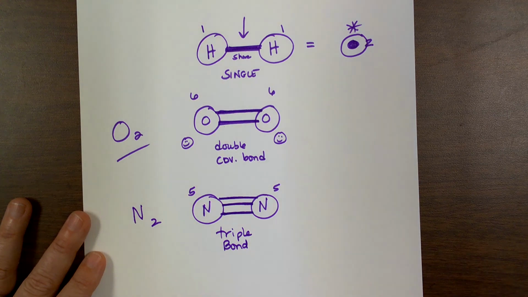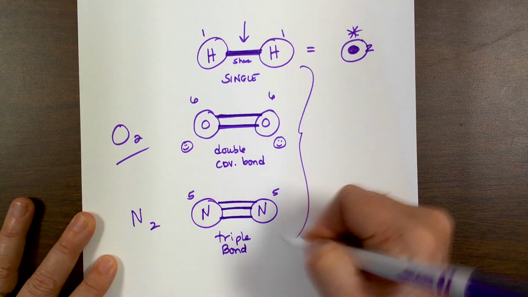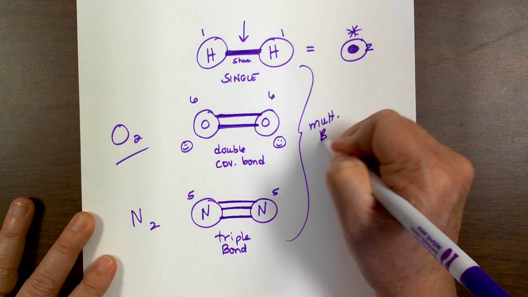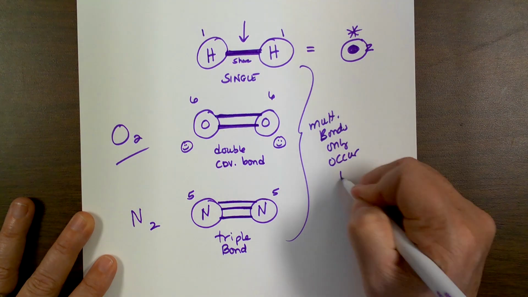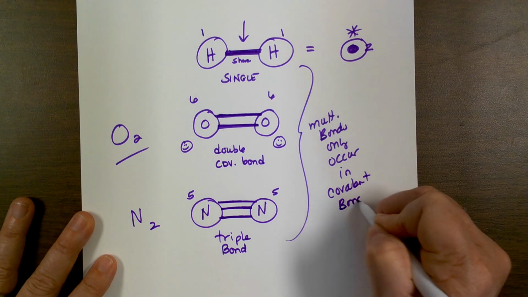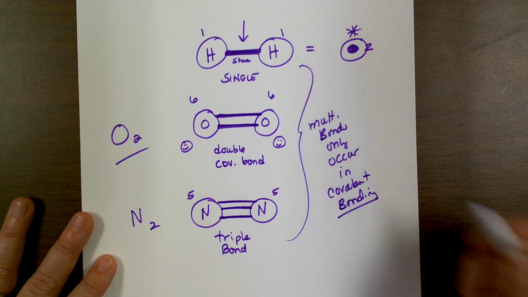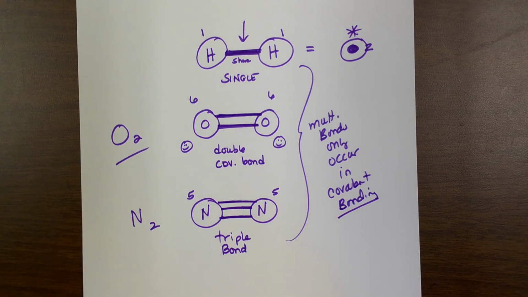Okay, so single, double, and triple just tells you how many electrons are being shared, and multiple bonds only occur in covalent bonding. Ionic bonding is give and take, so it's just one bond, nothing different.